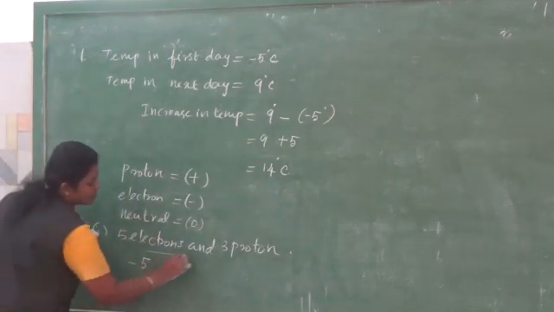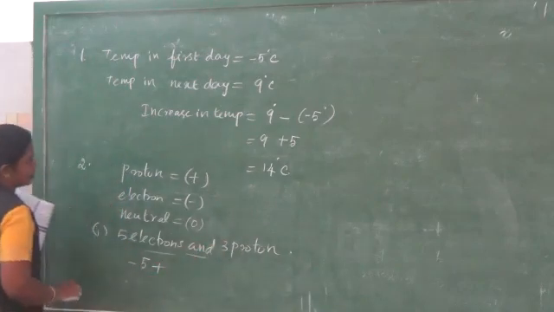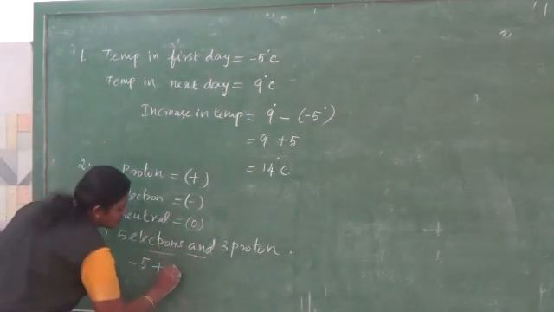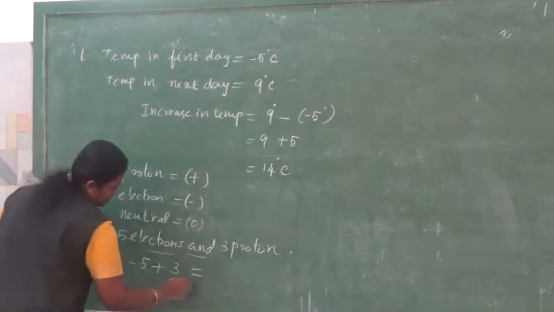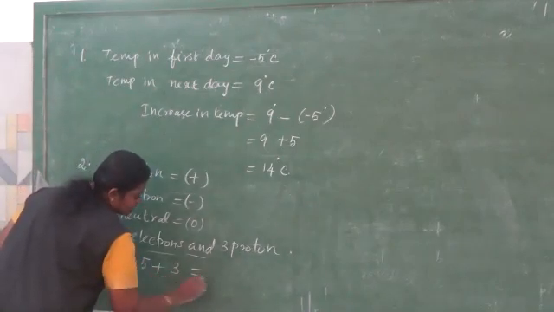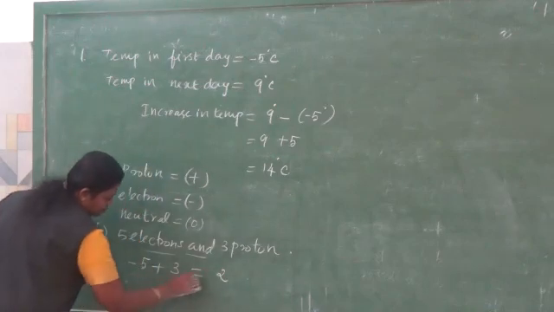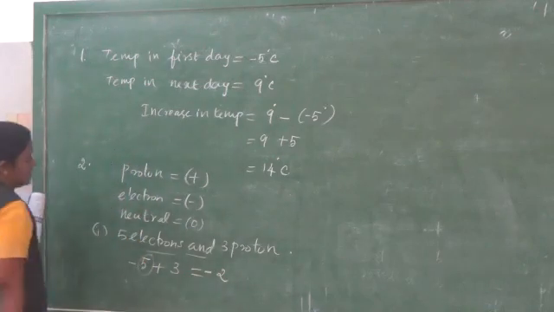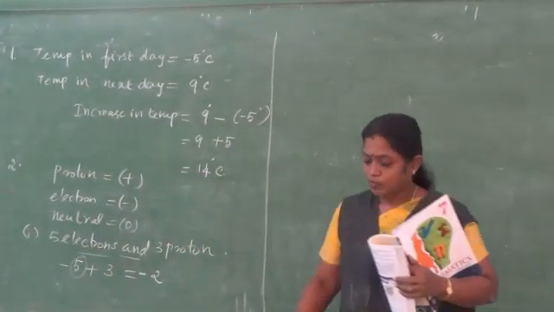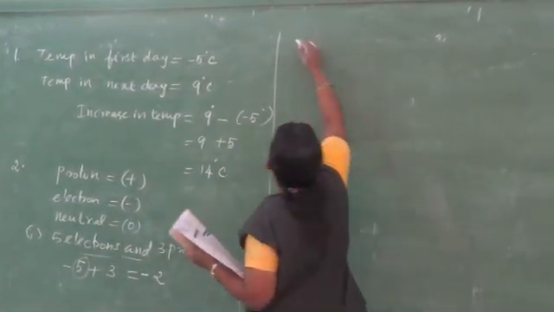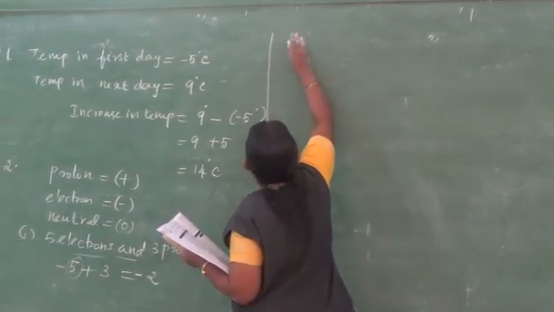So minus 5, and what is 3 protons? That is plus 3. So you can find the answer: minus 5 plus 3. Now to find the difference, 2. What is the sign you will get? Minus, because 5 is a greater number. Already I gave the rule. Maybe everyone has to read this one.